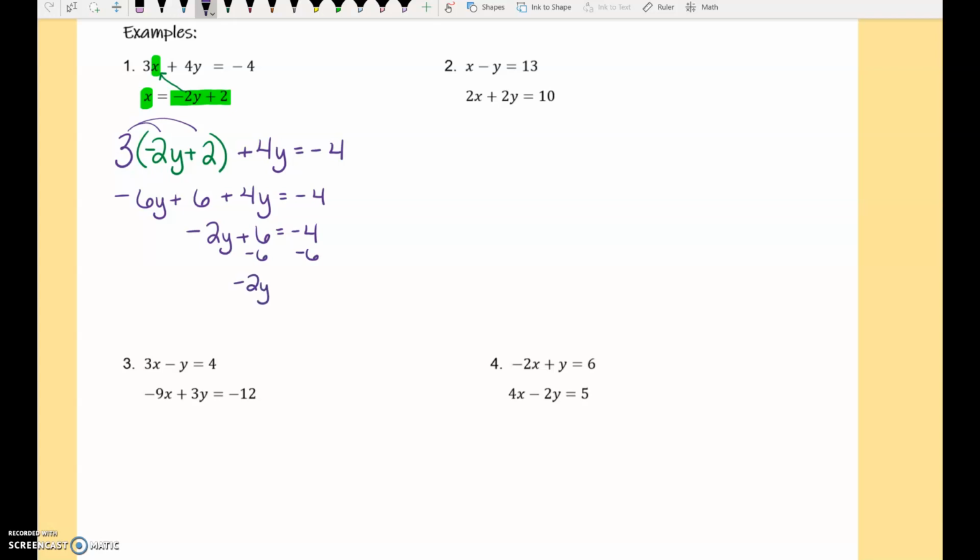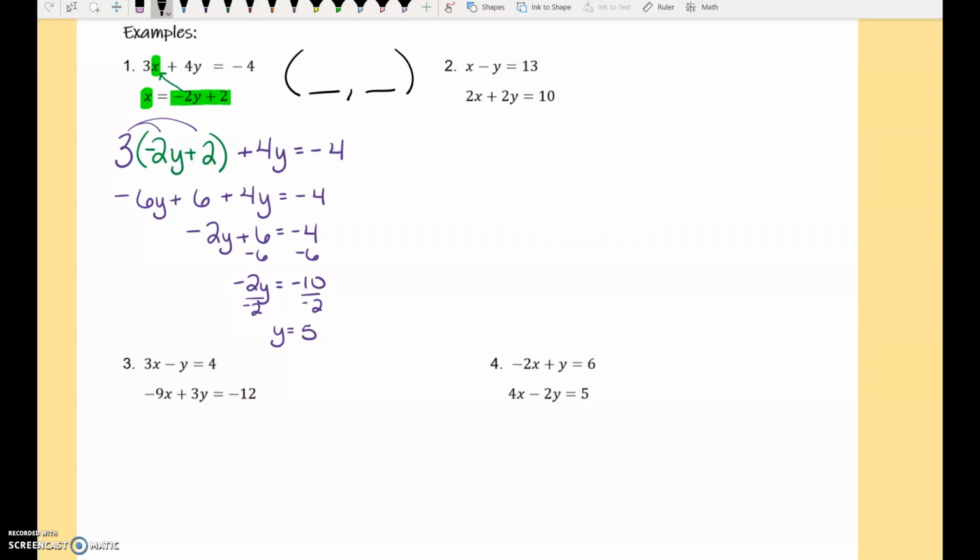Subtract 6 on both sides, I get negative 2y equals negative 10. So what does y equal? Y equals 5.